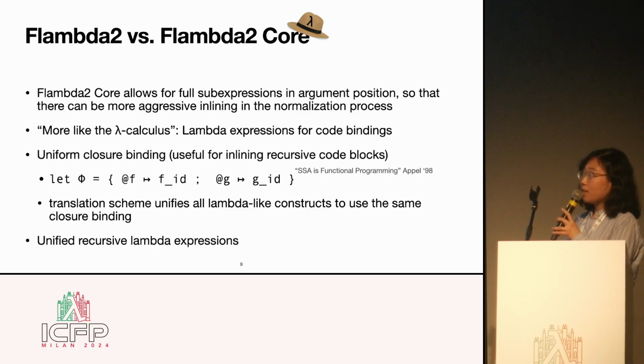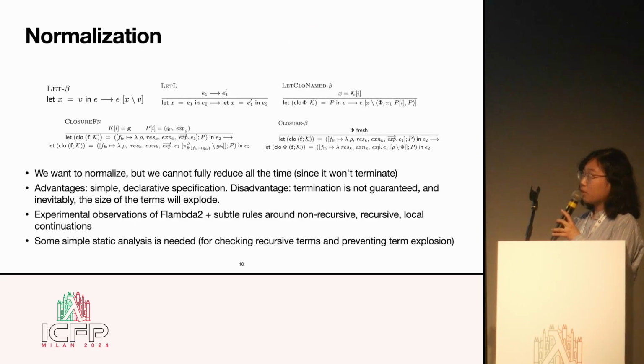Next, I'll talk a little bit at a high level about what we do with normalization. So without going into too much detail, with the normalization, there is kind of a tension here where we want to normalize, but we cannot fully reduce at all times because inevitably it will not terminate if we continue to try to normalize and try to inline recursive terms. We don't know whether or not that will terminate.